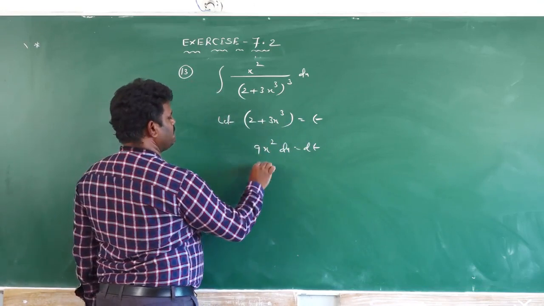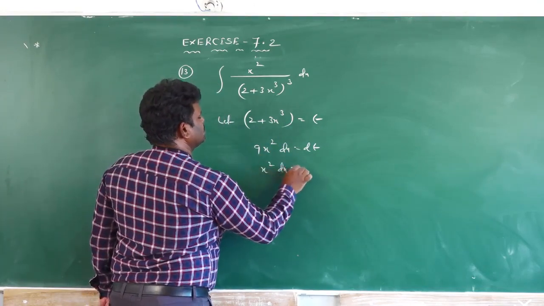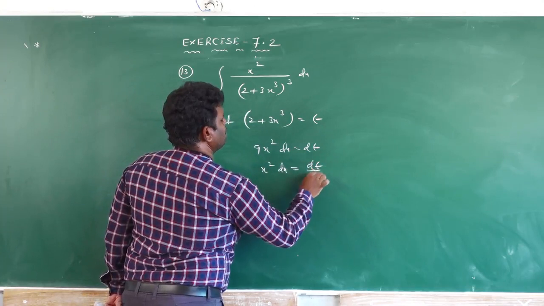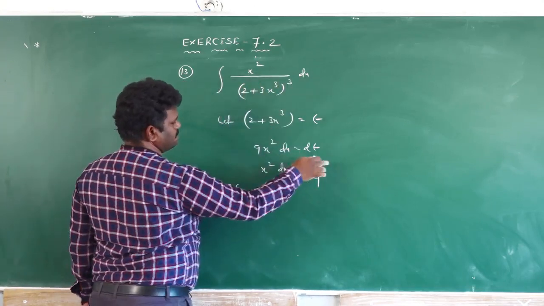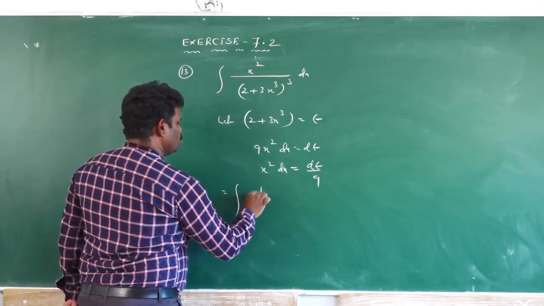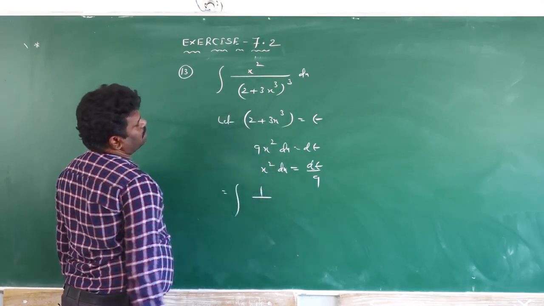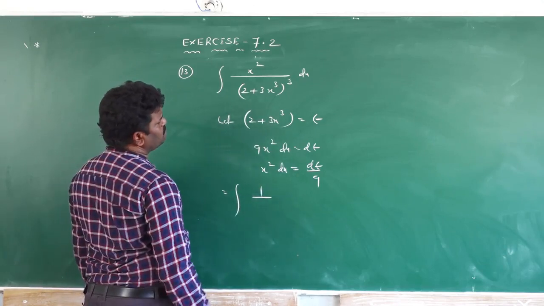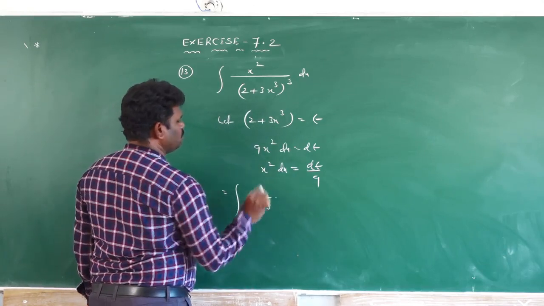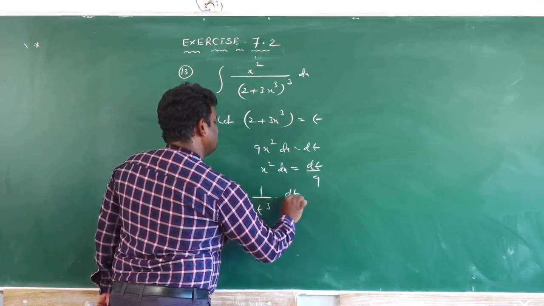Now x square dx is equal to how much? x square dx is equal to dt by 9. So the integral becomes 1 by 2 plus 3x cube whole cube, where 2 plus 3x cube is equal to t, so this is t cube, and dt by 9.